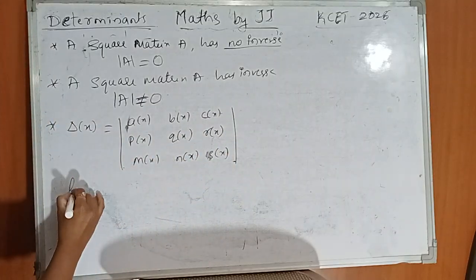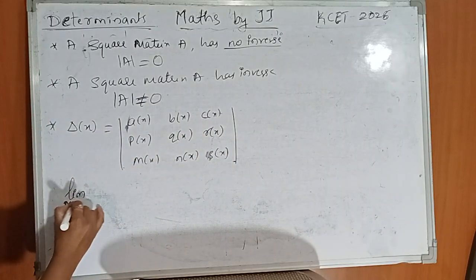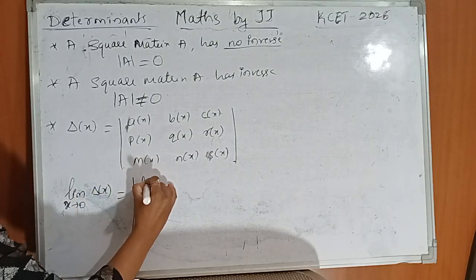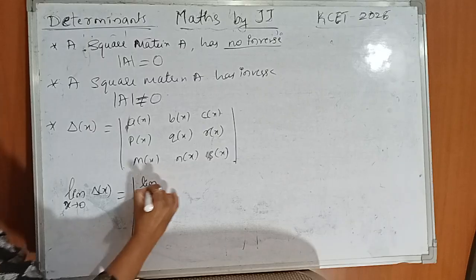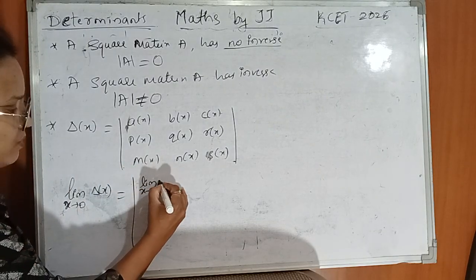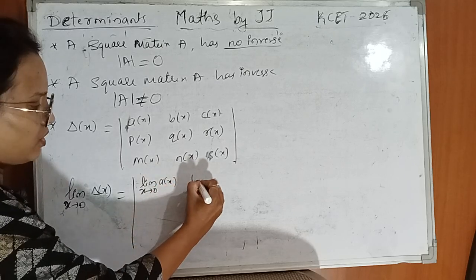If this is the thing, then if I want to calculate the limit as x tends to 0 of delta of x, you have to calculate individual limits of all these functions.